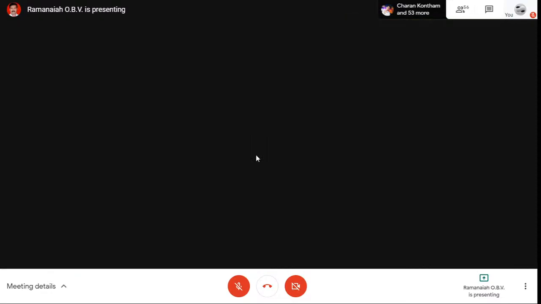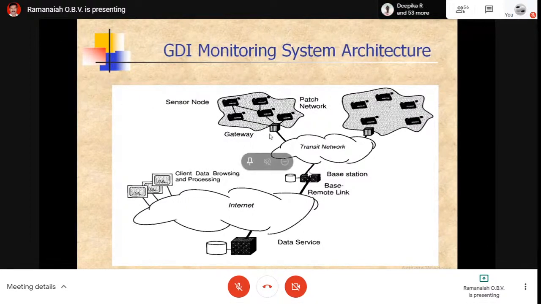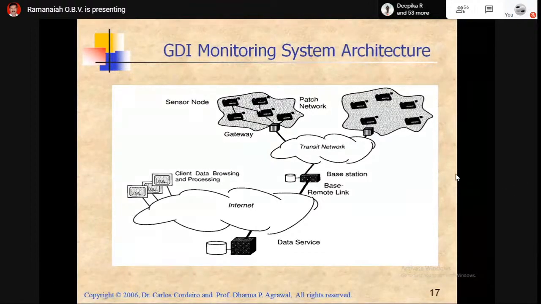So the sensors for measuring, for observing micro environmental parameters are deployed in the form of patch networks, and each patch network is supported with a gateway, right?